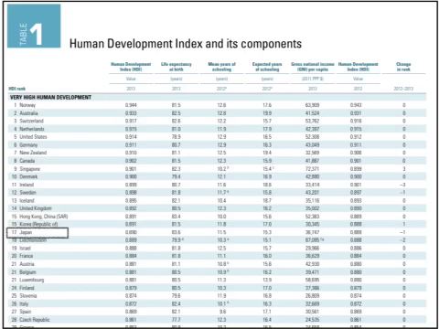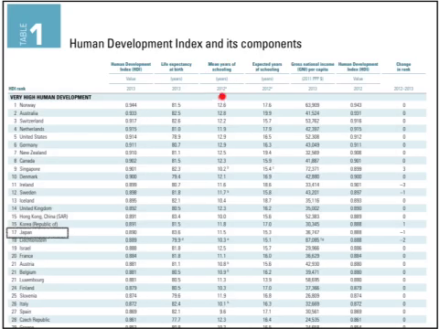Here you have a table with the details of the Human Development Index for 2013. And as I said, life expectancy or longevity, how long someone can live from the time they are born.